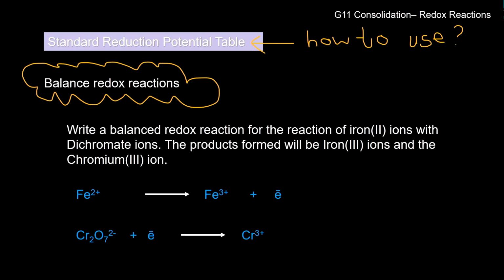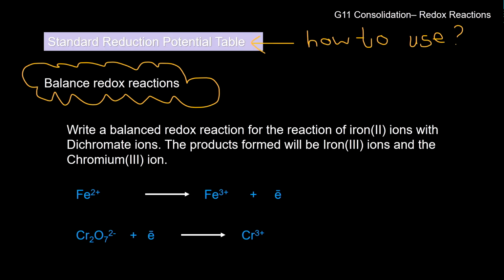So we have here a question, and as we go through it, we're going to look and see how this table is used. Write a balanced redox reaction for the reaction of iron 2 ions with dichromate ions. So we've got iron 2, now that 2 is Roman numerals, and it means that the ion is of a 2 plus nature.